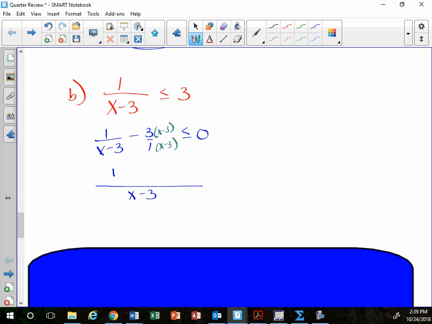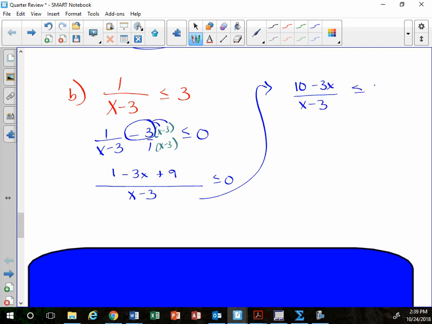My denominator is x minus 3. Guys, you got to be careful. You are taking negative 3 times each of these things. So I'm going to have minus 3x plus 9. So that's really 10 minus 3x over x minus 3 is less than or equal to 0.